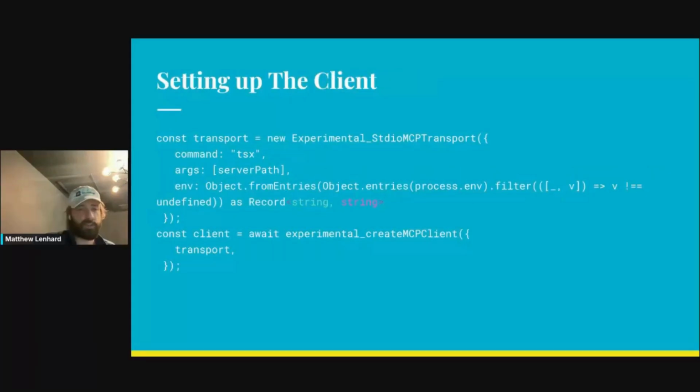Setting up the client is pretty straightforward, basically just using the AI SDK from Vercel, creating the transport, with the servers running over STDIO, and then looping through the prompts and calling the corresponding tools.